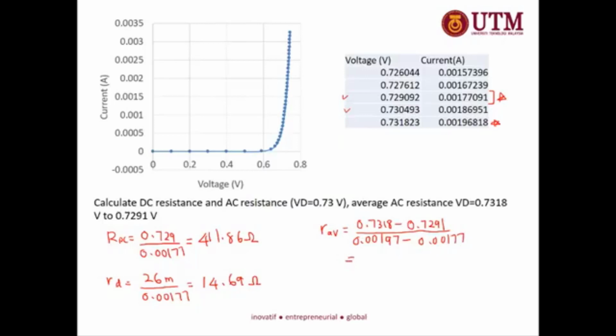Use your calculator and you should get around 30.7 ohm. So this is how you calculate DC resistance, AC resistance, and average AC resistance.